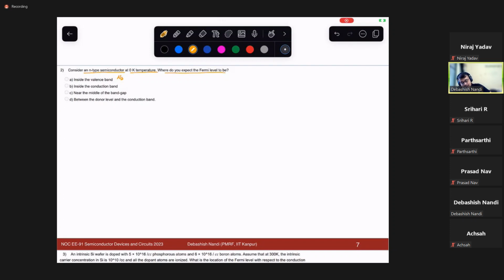Now I will start drawing the band diagrams. Let's say this is my EC, this is my EV. What other energy levels should I draw for an n-type semiconductor?